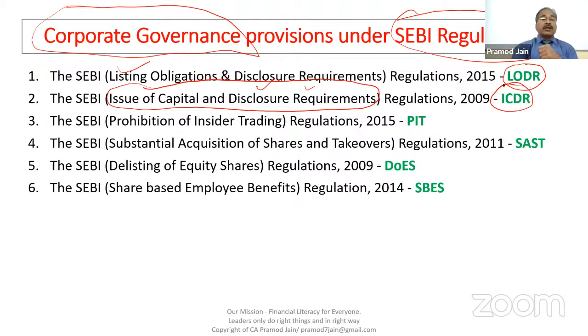Third regulation of SEBI is Prohibition of Insider Trading. Please remember, as an independent director or otherwise, you are privy to very confidential information about the company from time to time, and therefore, unfortunately, some people in the past have misused the private or confidential information by making money through trading on the stock markets.